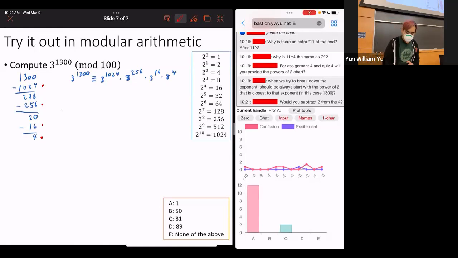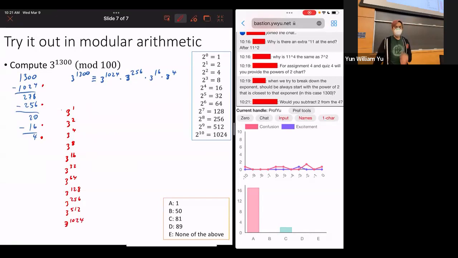So 3 to the 1, 3 to the 2, 3 to the 4, 3 to the 8, 3 to the 16, 3 to the 32, 3 to the 64, 3 to the 128, 3 to the 256, 3 to the 512, and 3 to the 1024. So can you subtract 2 from 4? Sure, you can, but it's not going to do you any good because in order to get the powers of 2, we're already going to get 3 to the 4 anyway. So there's no point in breaking it down further.